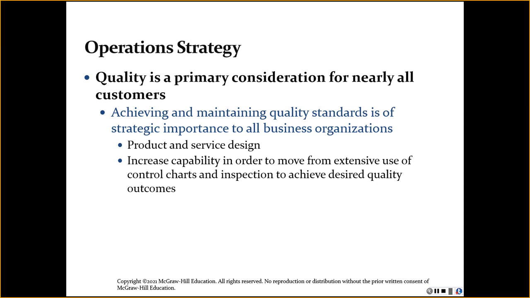Quality assurance and product and service design are two important links and processes for the organization, and the organization should continue to seek to increase the capability of the processes when they're putting together a product design or a service design, so that they can move from a position of using inspections to one where quality is built into that product or service design.